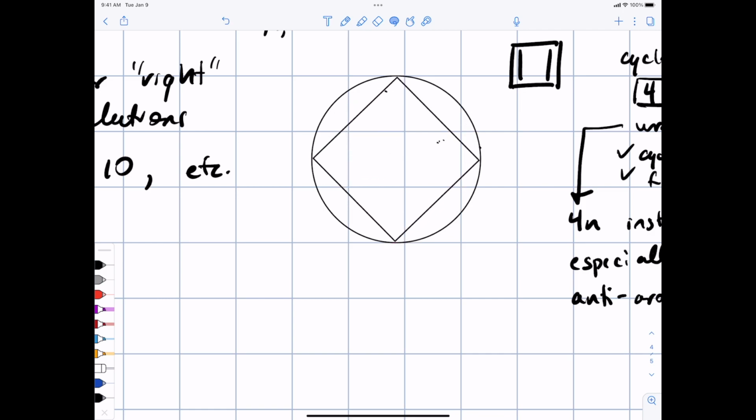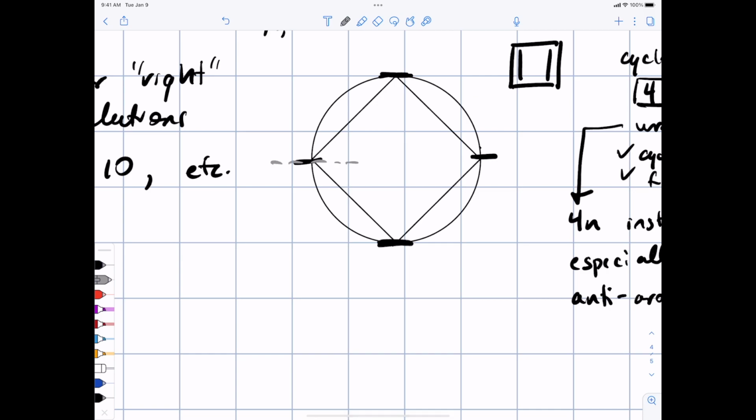Anytime the point of the polygon touches the circle, you've got an energy level of an orbital. So here, here, here, and here.